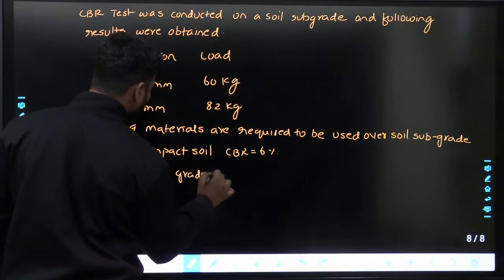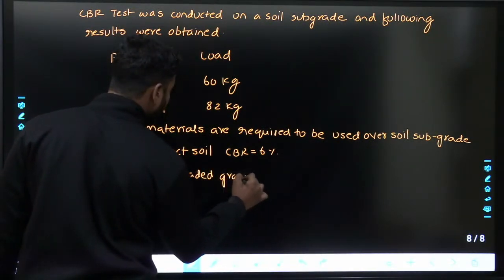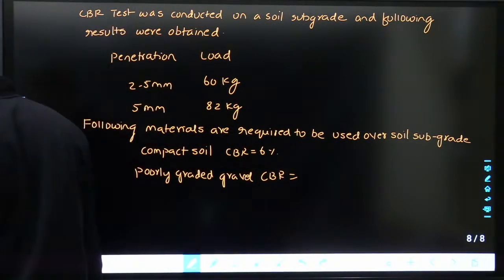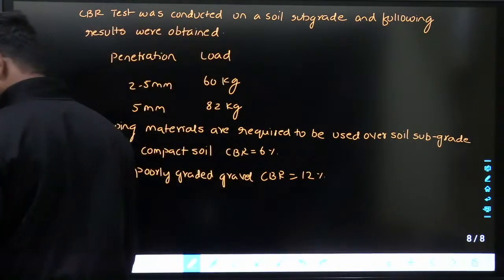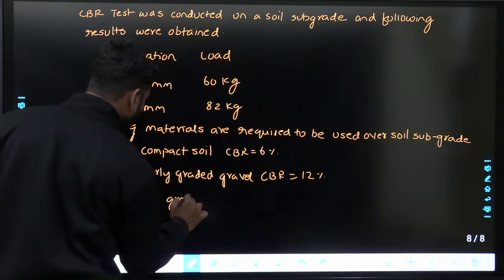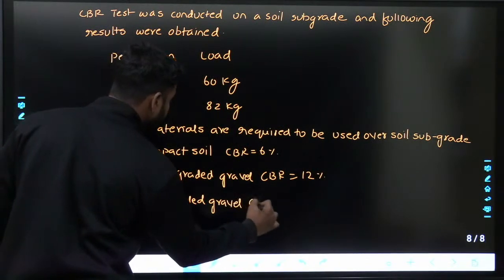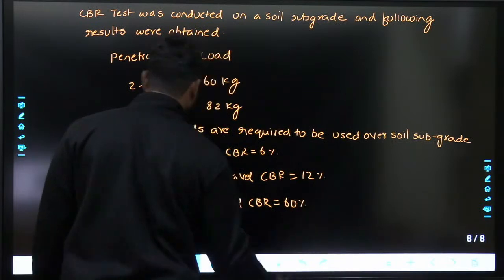Poorly graded gravel, CBR equals 12%. Well graded gravel, CBR equals 60%.